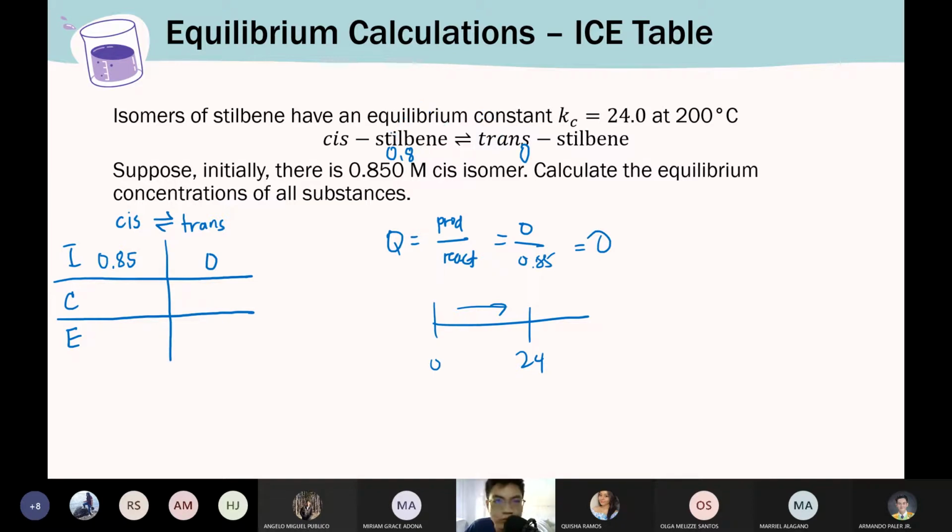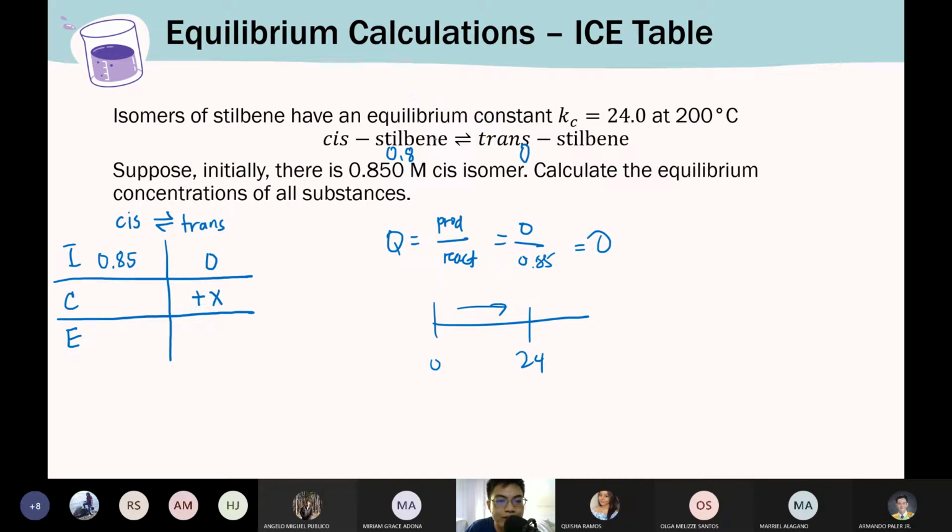So, by how much? I don't know. I have no idea kung gaano karami yung mapupunta sa product side. So, since yung ating product side, yung trans, madadagdagan siya, you write it as positive x. Why x? I don't know kasi gaano karami yung mapupunta sa kanya. Okay? So, yan.